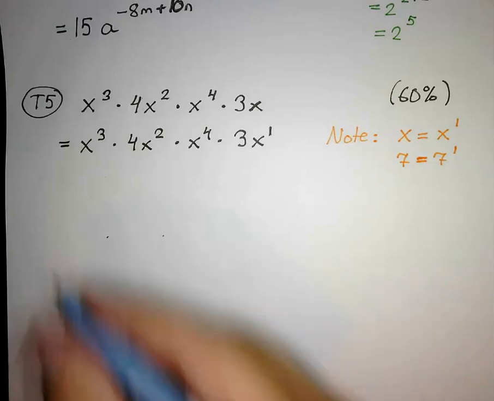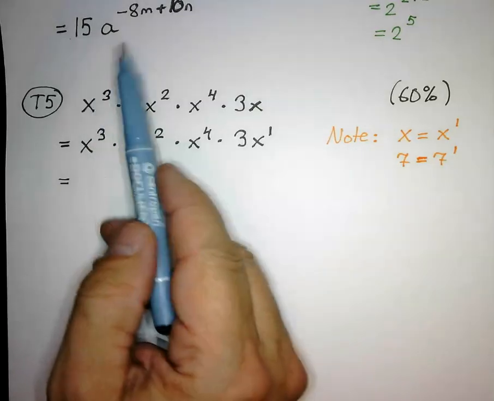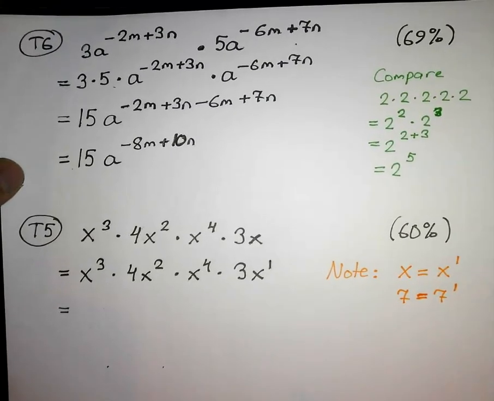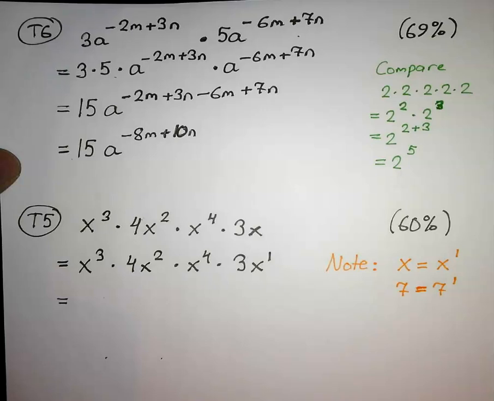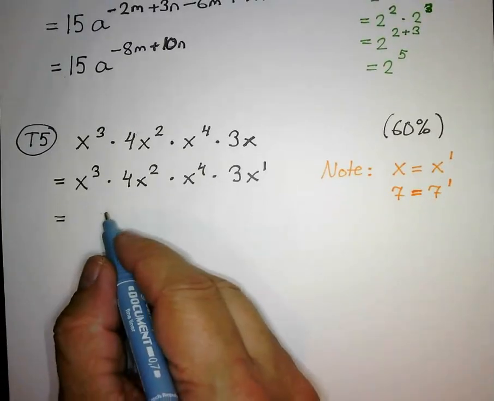And then we may do the same thing as we did in problem 6, where we changed the order of the multiplication, and it is also possible to do the same here.